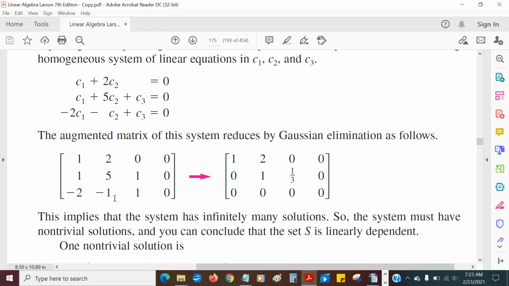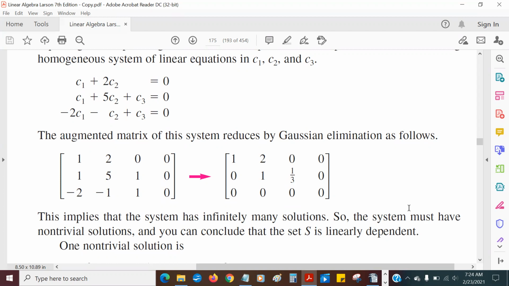I'm just talking about the coefficient part, because the truth is I'm just looking at the coefficient part. Since the coefficients are going to have a 0 determinant, that tells me that our system is not going to have a unique solution. In fact, it's going to have infinite solutions.